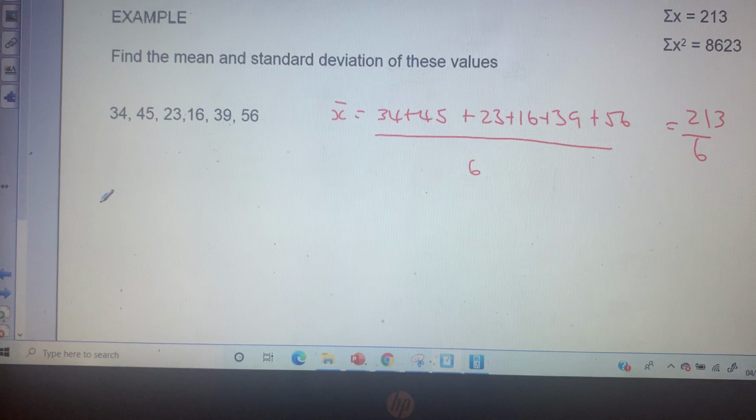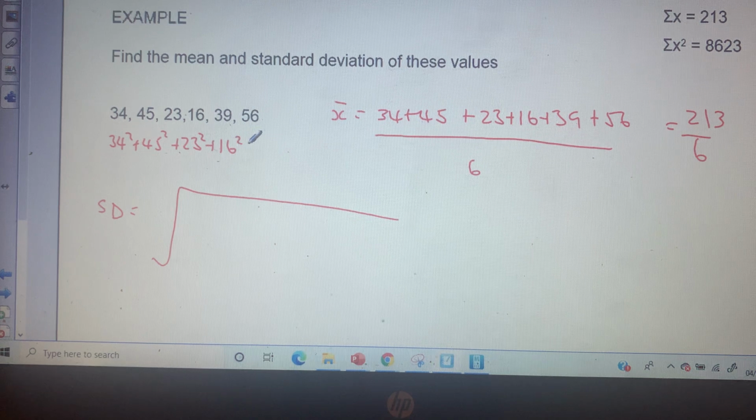The standard deviation, on the other hand, you would square them and then add them together. So it would be 34 squared plus 45 squared plus 23 squared plus 16 squared. So can you see already 56 squared?